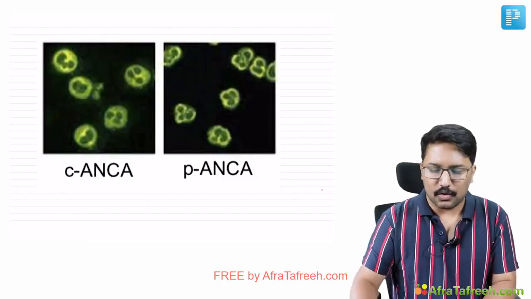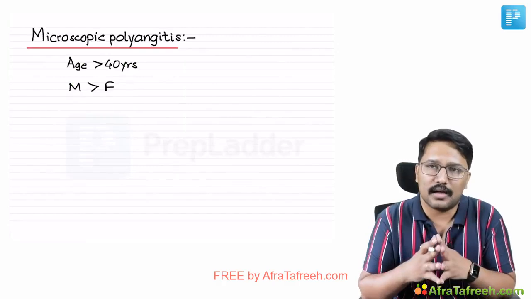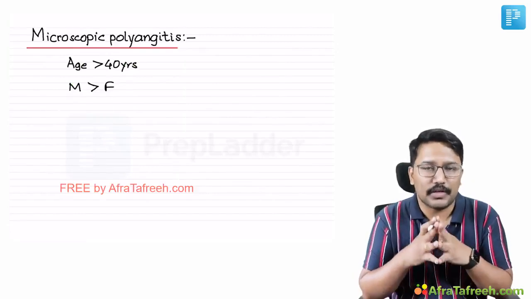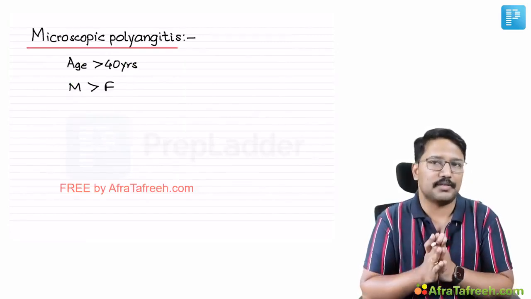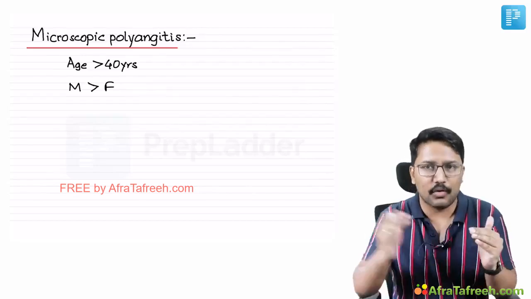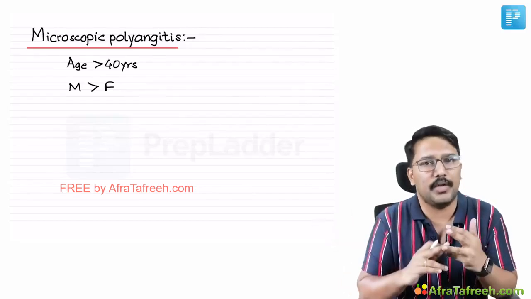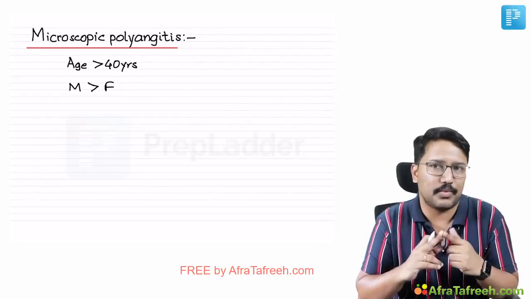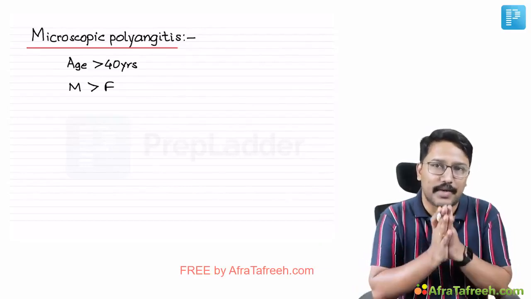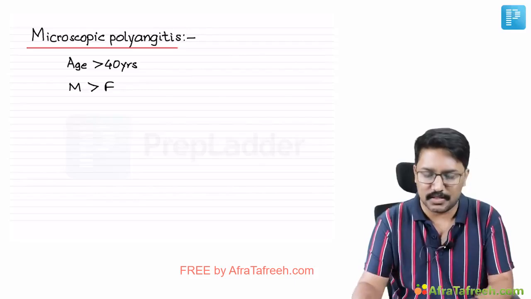Okay. Now we will talk about these entities called ANCA associated vasculitis. When we talk about ANCA associated vasculitic conditions, what is the binding feature common among all these three entities, the MPA, then GPA and EGPA? What is the common thing? The common thing is vasculitis. Now what kind of vasculitis do we see here?